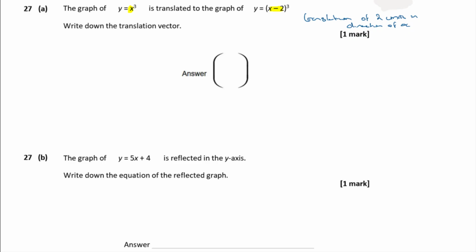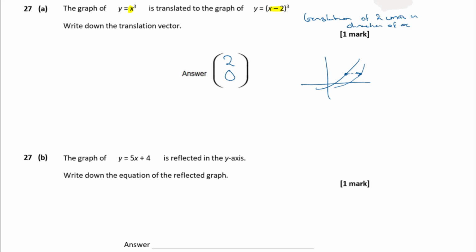As a translation vector, if you imagine a graph and we've got our curve and we're taking each point and moving it 2 to the right, that is a translation vector of going 2 in the direction of x and 0 in the direction of y. So that is (2, 0), to move your graph that way. It's just a rule of thumb: when you're doing it in the direction of x, it's always kind of the opposite direction to the signs, and when you're doing it in y, it's the same direction as the signs. You get kind of used to these after a while.